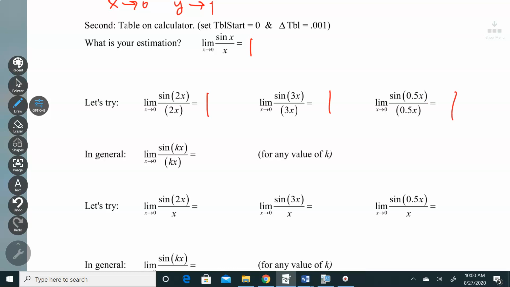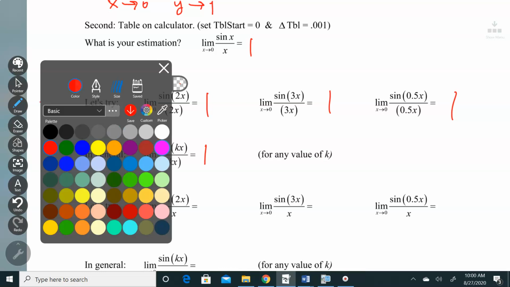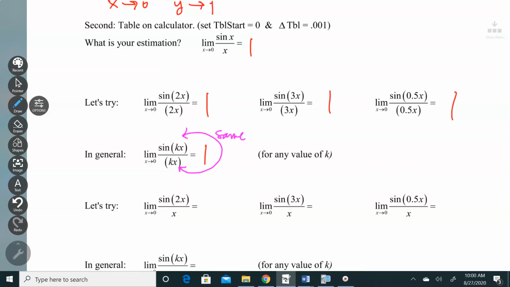I could do the point half x, it would be 1. So the idea is that sine of kx over kx is 1 for any non-zero value for k, as long as these are the same k's. Sine of 100x over 100x is going to be 1.